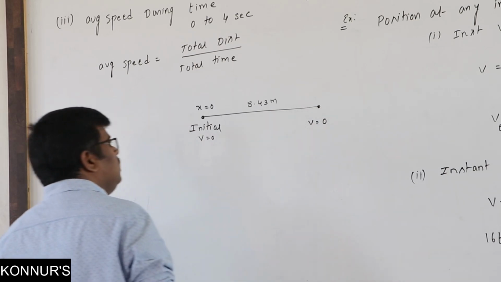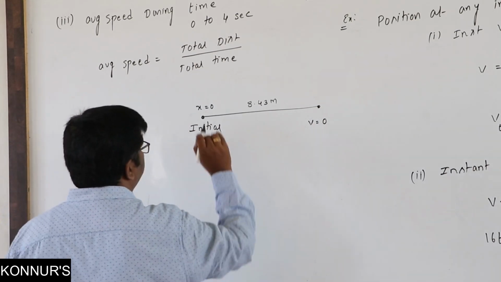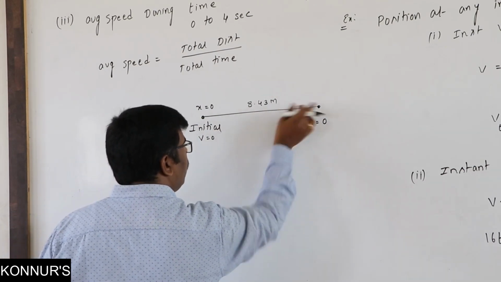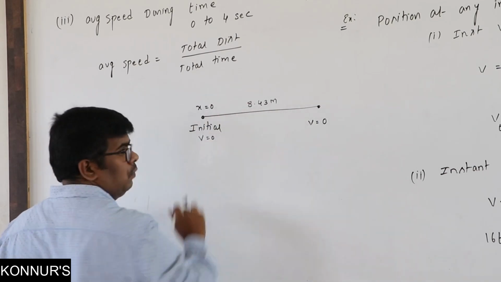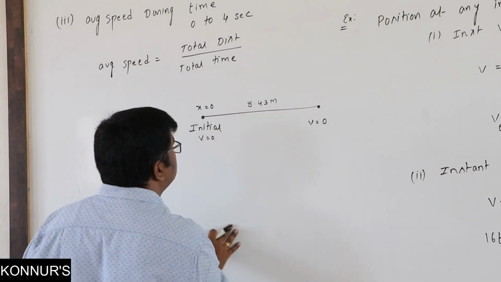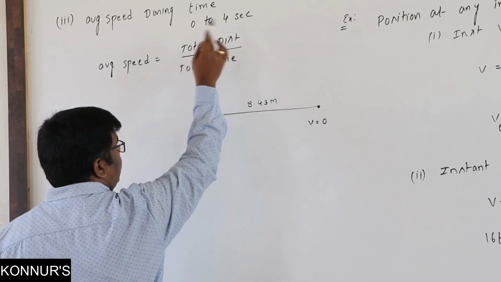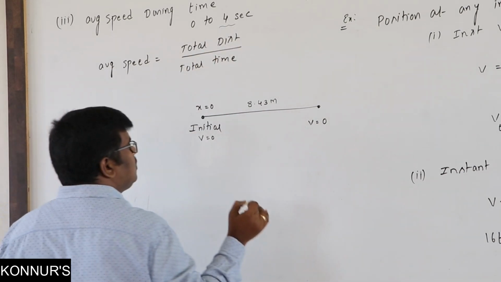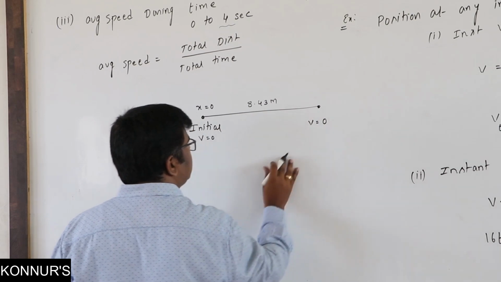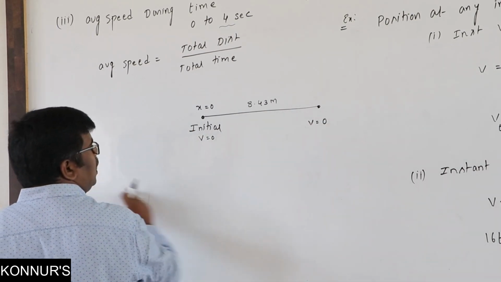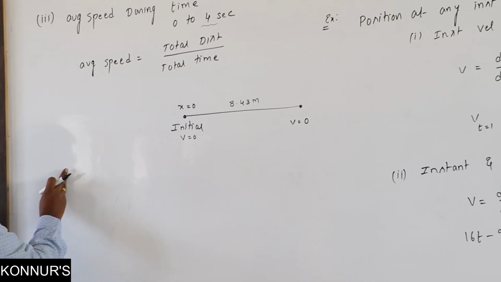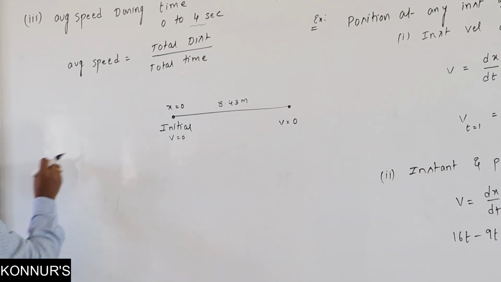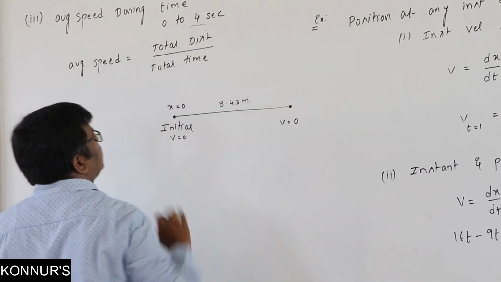Now we have to find the distance in the 4 seconds. What happens here is that after 8.43, the body again returns back. How much time is it traveling? 4 seconds.